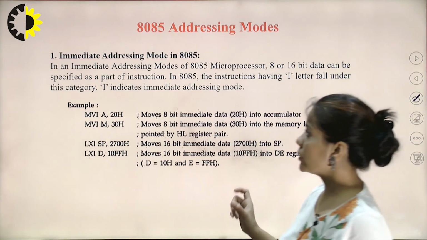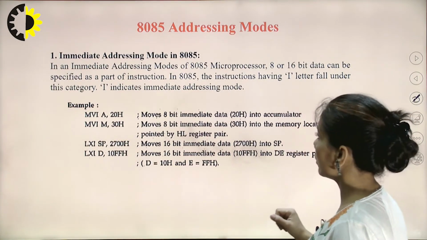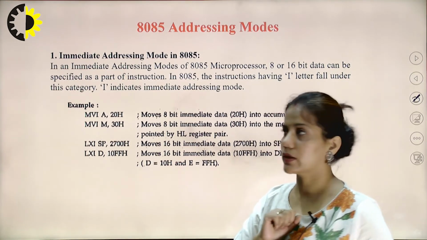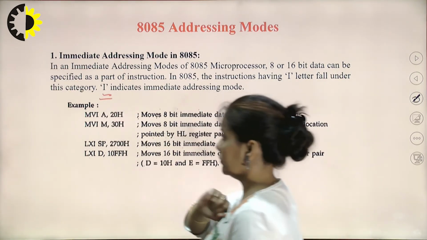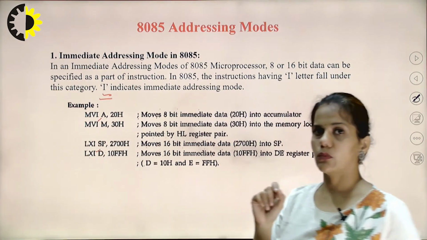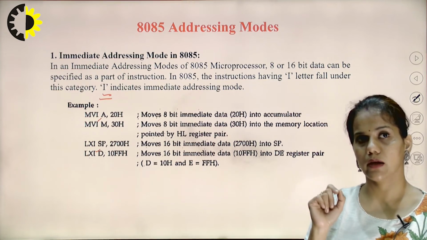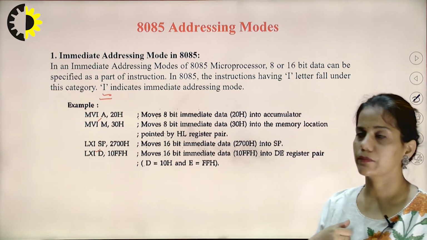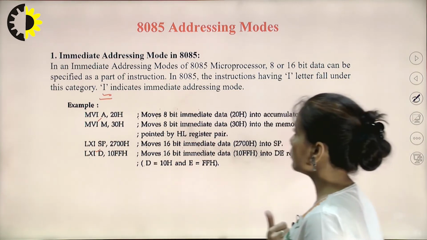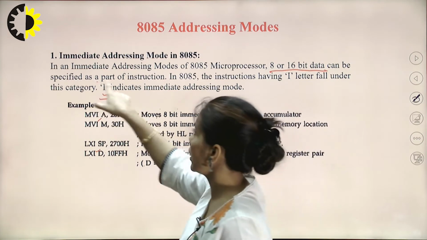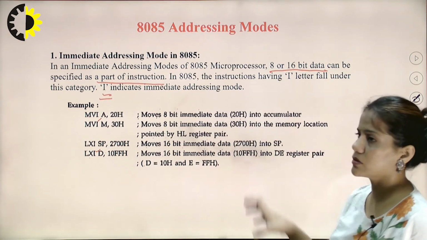When we talk about the immediate addressing mode, first of all, the recognition for this mode is the letter I. Here MVI, LXI. Wherever you see I in the instruction, it means it is the immediate addressing mode. In the immediate addressing mode, 8-bit or 16-bit data is specified as a part of the instruction. It is already mentioned in the instruction.